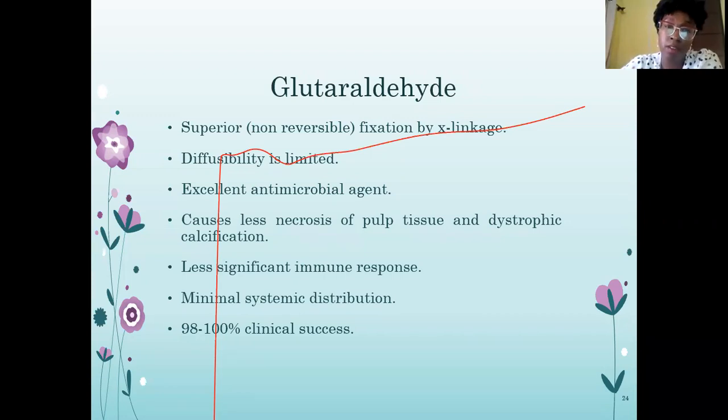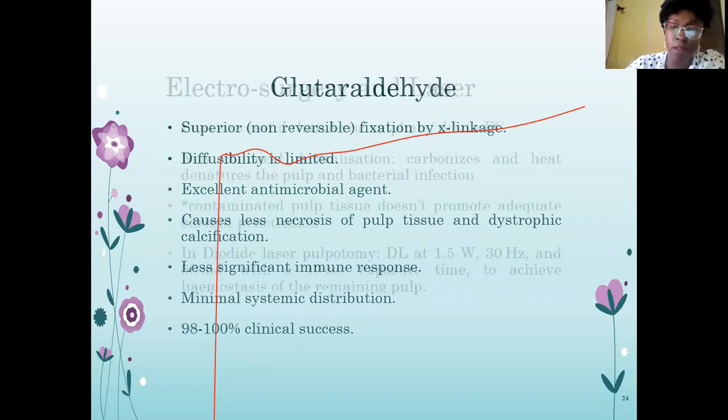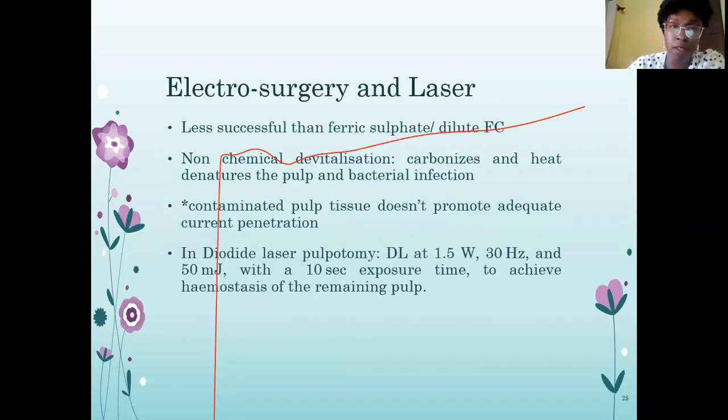It causes less necrosis of pulp tissue, less significant immune response, minimal systemic distribution, and 98 to 100% clinical success. However, I have not come across a formulation of glutaraldehyde used for pulpotomy. What I've used in my experience and in training has been Formocresol and ferric sulfate.